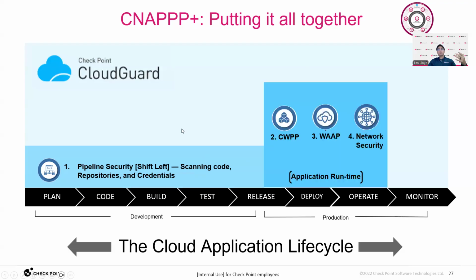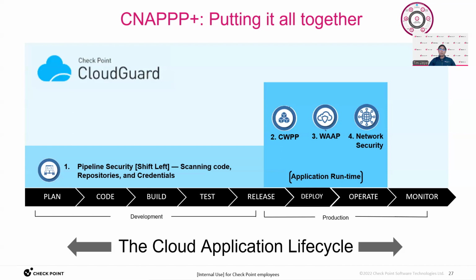Now, once we have a clean application and it is released into your application runtime environment, you have to secure those threat vectors, right? Number two is container protection, cloud workload platform protection, CWPP. This is about protecting your containers, right? You're using a WAF, which is number three. WAAP is web application and API protection.